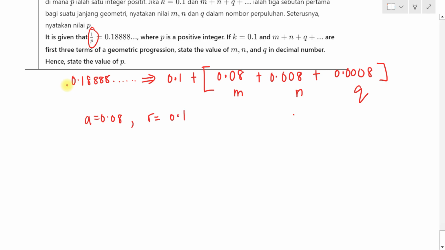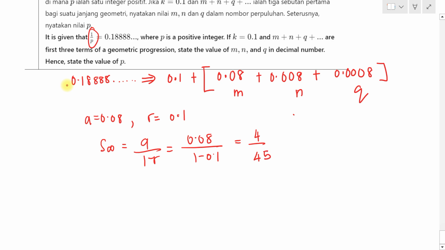So sum to infinity is equal to a over 1 minus r, right? So 0.08 over 1 minus 0.1. What do you get? So you get 4 over 45.